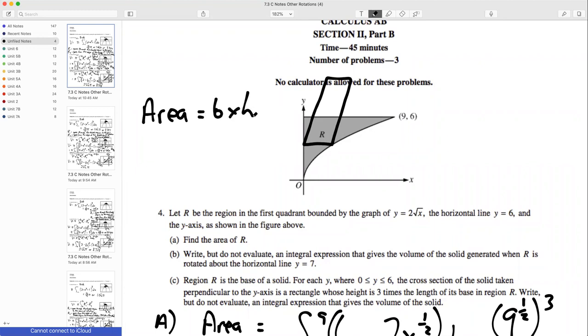Let's say base times height. Then you will also notice, as you read the problem, that the height is 3 times the length of its base. So I'm going to replace the height with 3b, which means my generalized formula for the area of the rectangle is 3b squared. Now I need to just find an expression for the base.